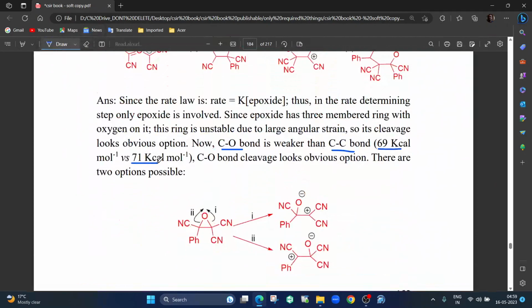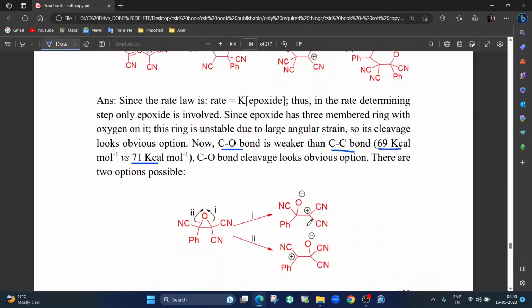So CO bond cleavage looks like the obvious option, right? If the reaction depends on the concentration of epoxide, only the epoxide will react in the intermediate step. So this cannot break the CC bond. If it breaks, everything goes off. But you should know why it does not break: because the CO bond is much weaker than the CC bond.